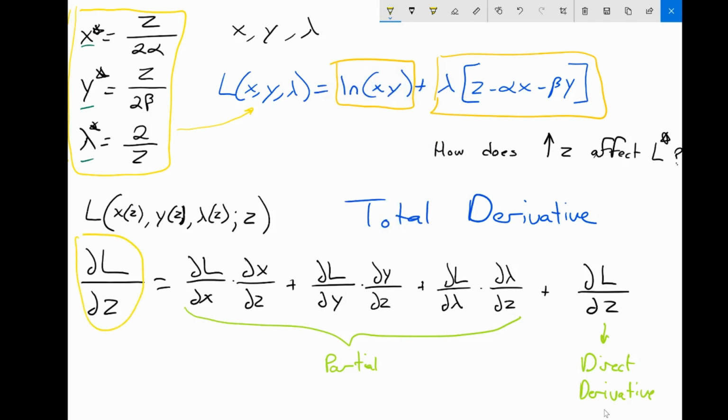Now, a moment ago, I showed you what it looks like to plug these functions into L. It's quite messy, right? Well, we're actually going to be able to use a trick that would simplify this calculation. Let me show you what it is. I'm going to erase this.